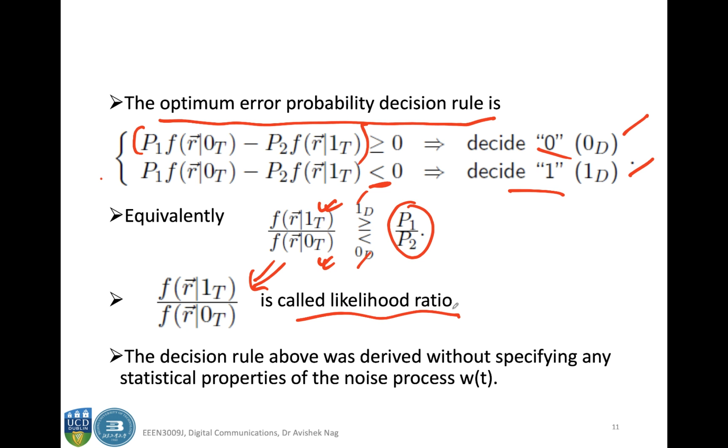So the decision rule above was derived without any specific knowledge about the statistical properties of the noise. Okay, so now we will see what will happen if we introduce the statistical property of noise.